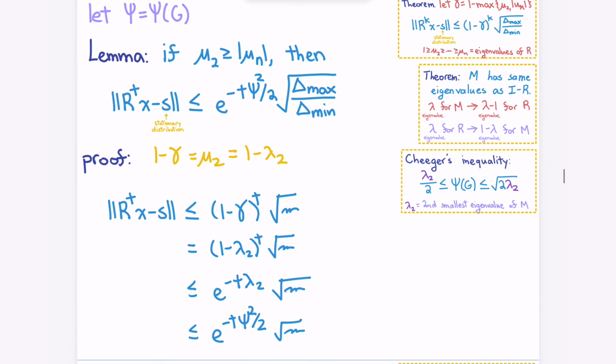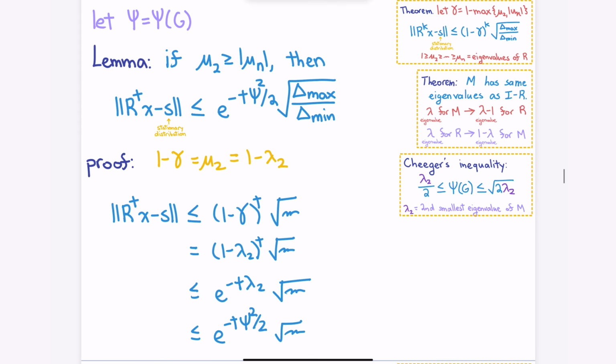Okay, so anyway, we're just connecting the two and you get some bound in terms of conductance. The only thing though is that we made this convenient assumption about mu2, which may not be the case. For a bipartite graph, mu n is equal to -1. So the random walk actually may not converge well if mu n is equal to -1.